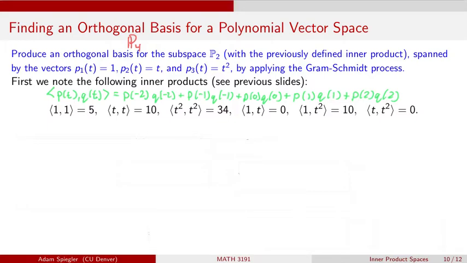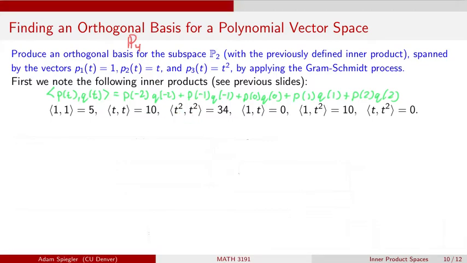If it's been a while since you've looked at this, take a look at the previous slides and some of the videos where we discussed how we can calculate lengths and determine whether these polynomials are orthogonal to each other. For example, the inner product of 1 with itself gives us 5. The inner product of t with itself gives us 10.